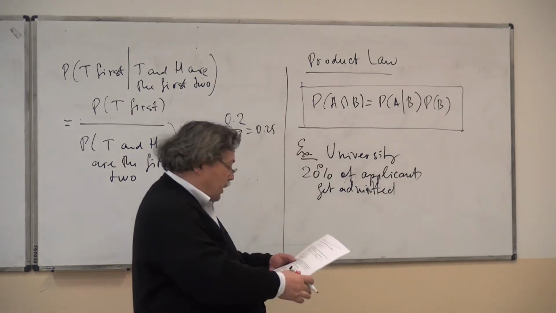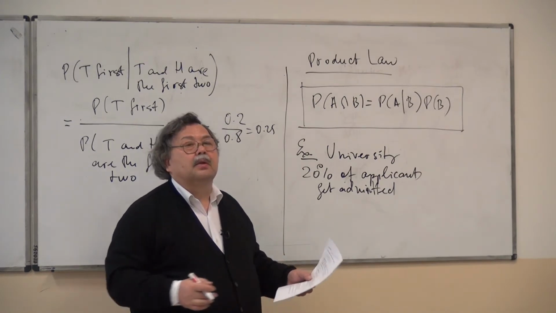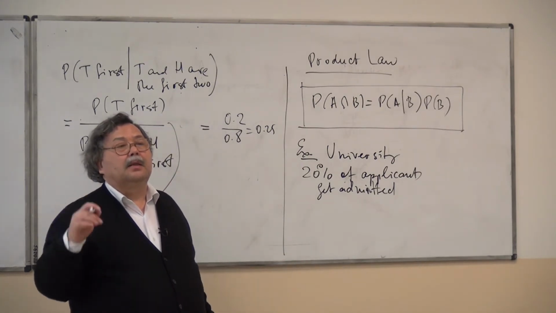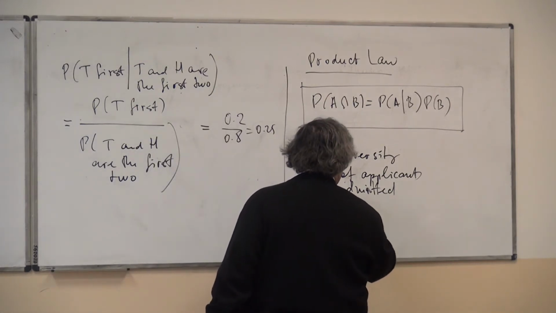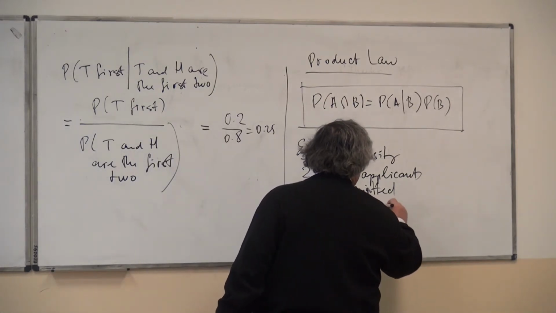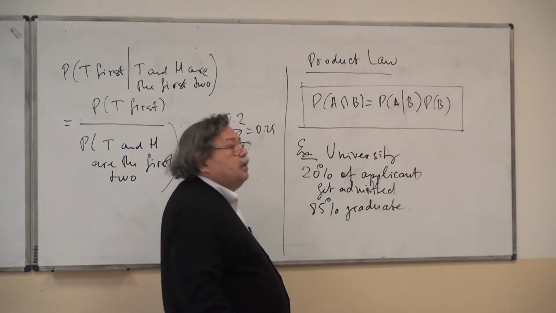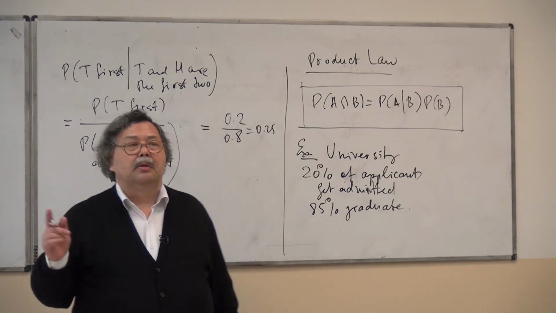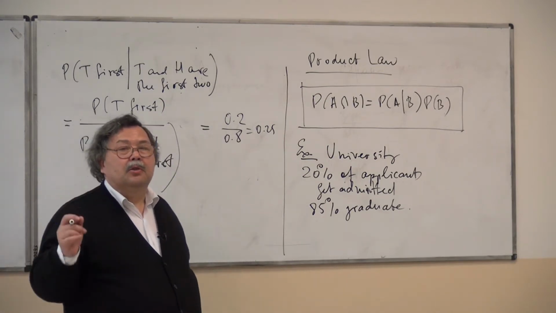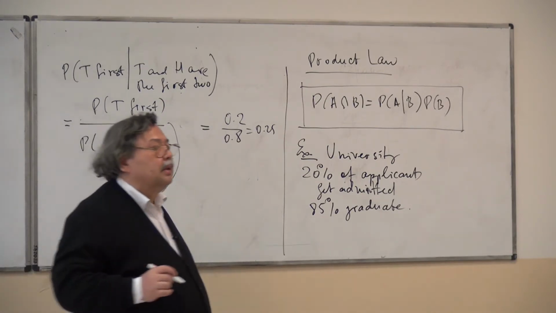And then 85% of those admitted finally graduate from this university. 85% graduate. Now suppose we choose one applicant at random. What's the probability that he or she will eventually graduate from this university?